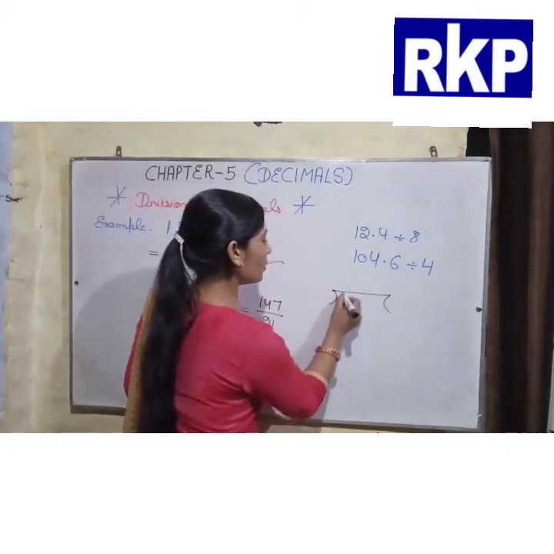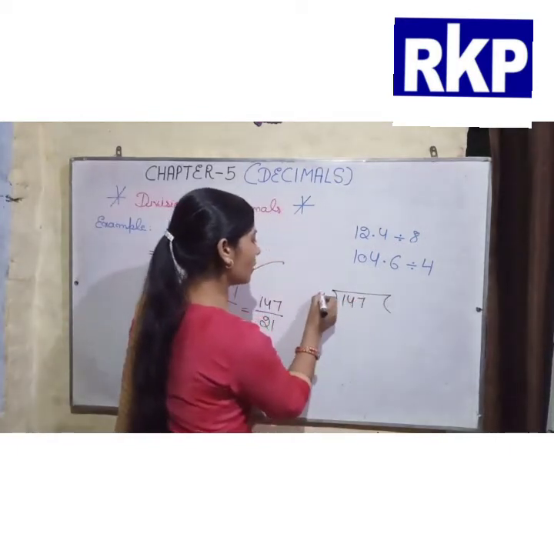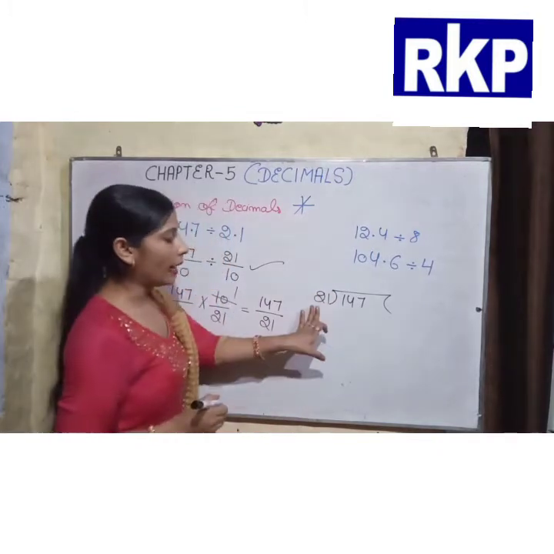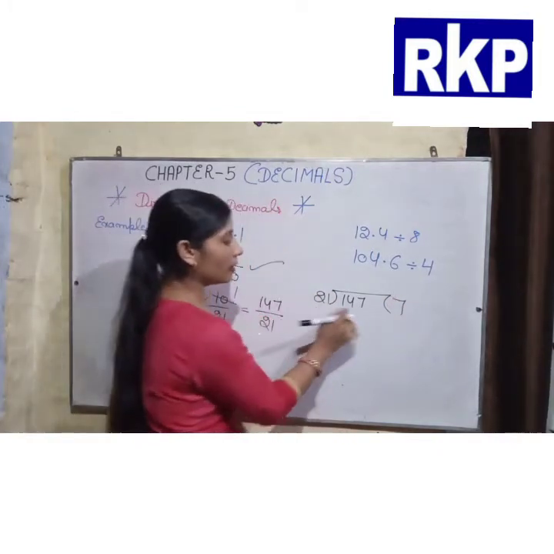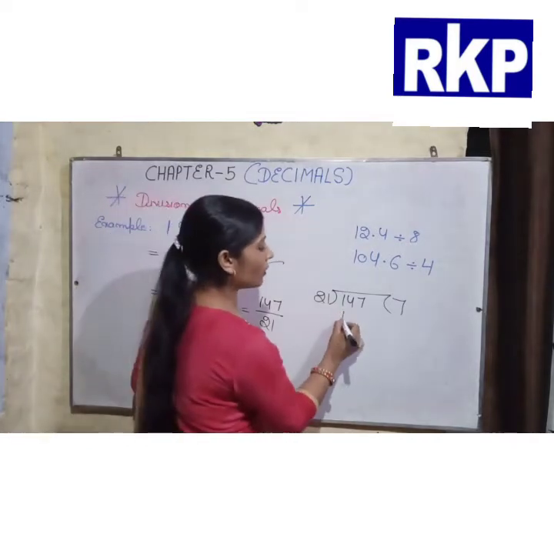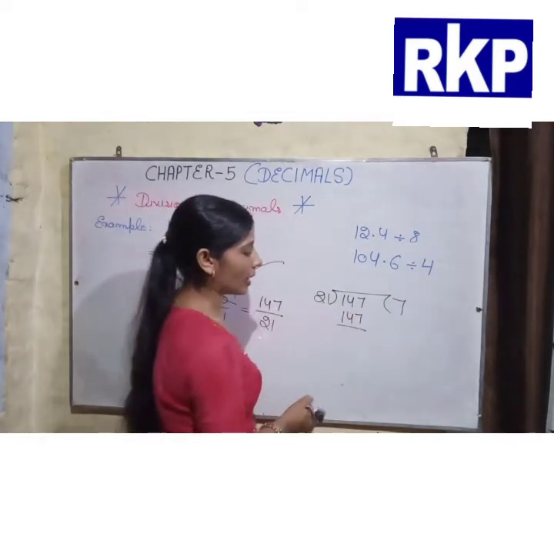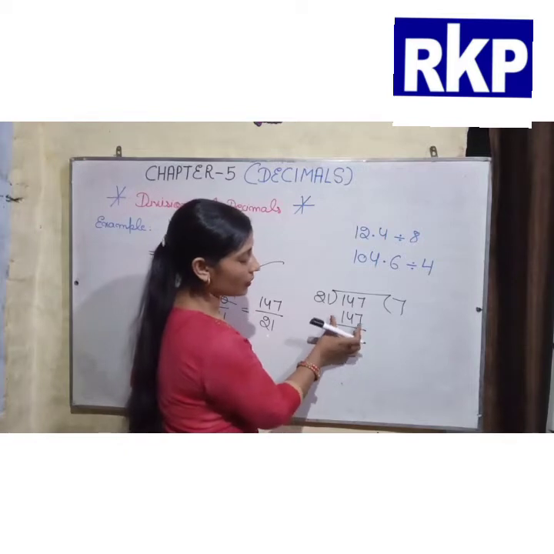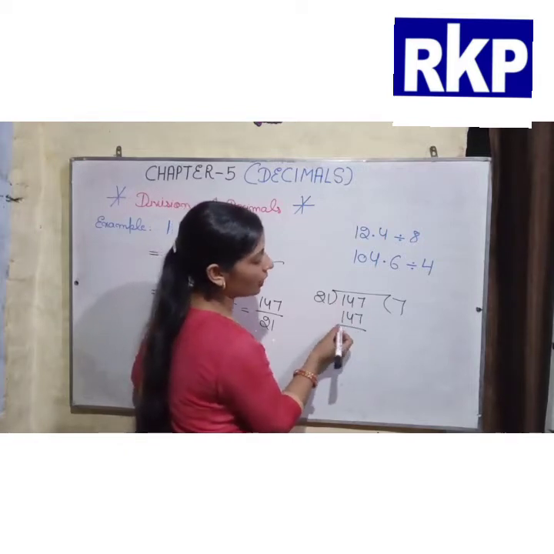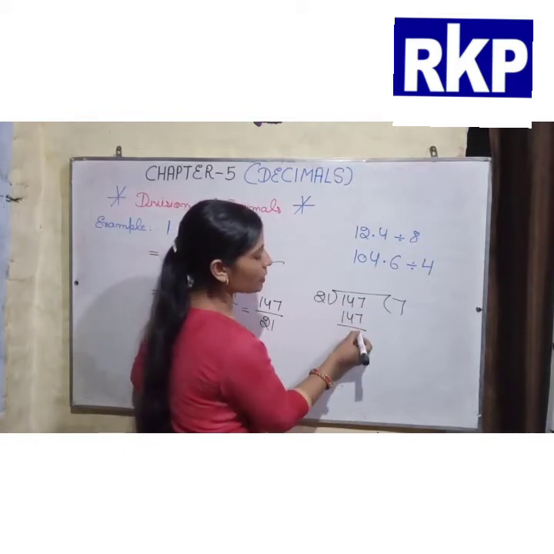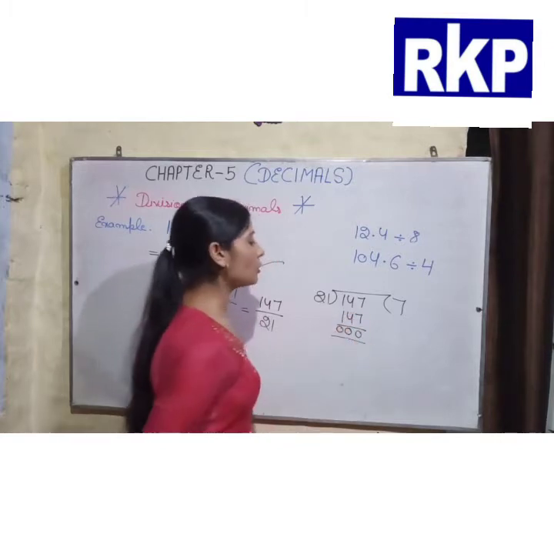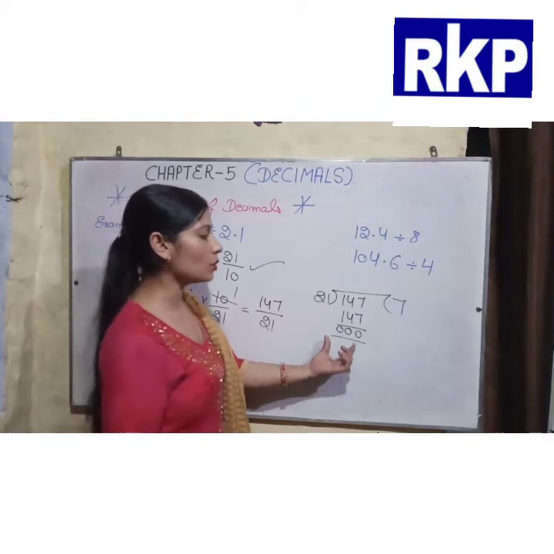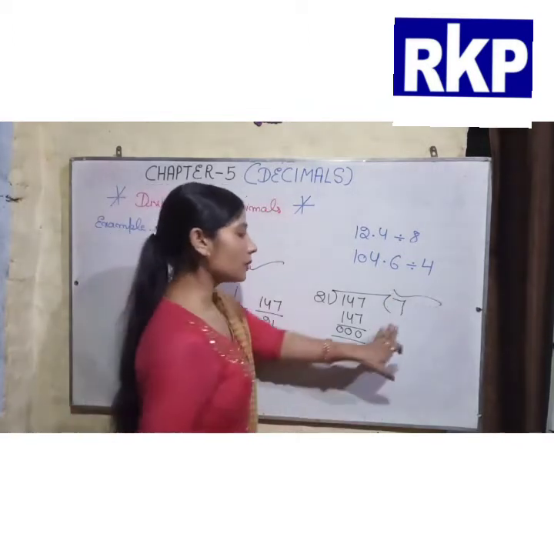So we have to divide now 147 by 21, and we know beta 21 7s are 147. So we have to write here 147. Now we have to subtract this number from this, and when we subtract 7 from 7, then 0 here, here also 0, and here also 0. So now our remainder is 0. So 7 is the quotient.